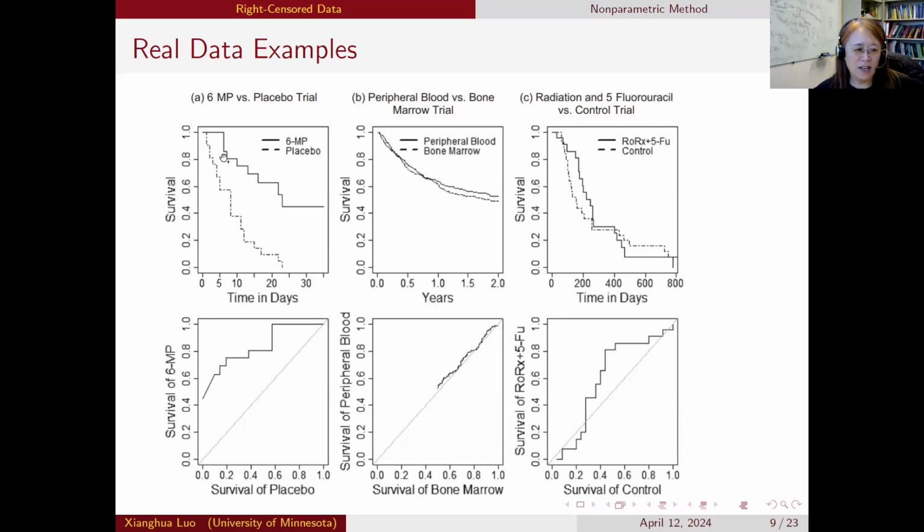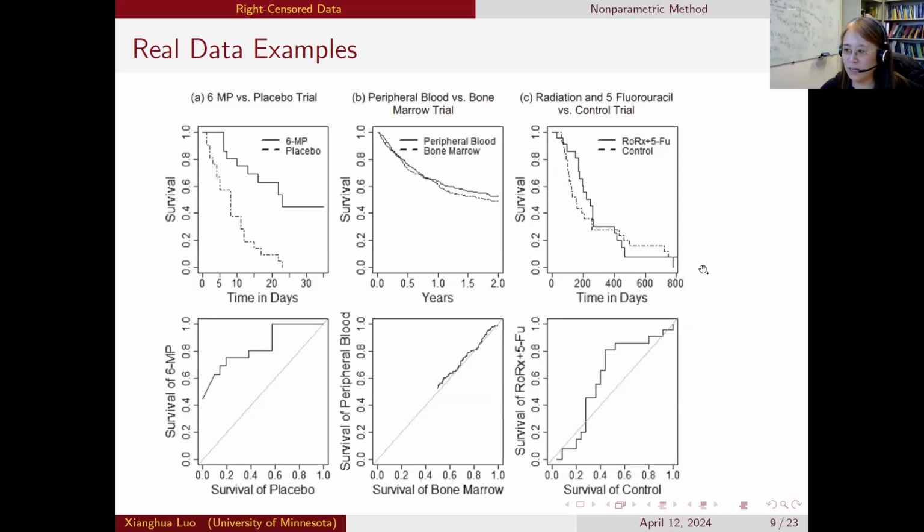But in the other two cases, we have complete curves. This is a very famous survival textbook example, the 6MP versus placebo trial. We see a clear separation in the survival curves in this traditional Kaplan-Meier plot, and also a departure of the estimated curve from the diagonal. Here it is a little bit tricky, because we first see a benefit of the treatment and then that benefit seems to disappear.